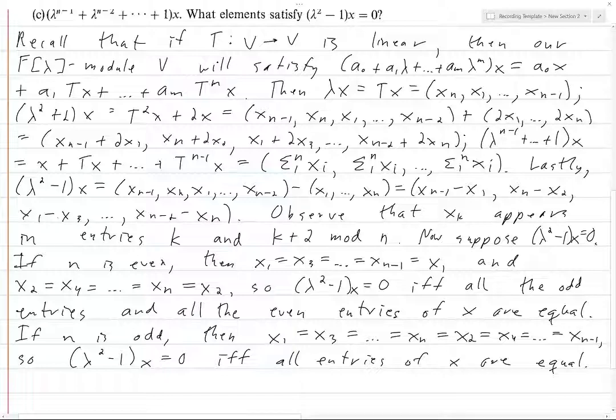So here x_1 minus x_3 is one of the entries, and so if (λ² − 1)x is 0, then in particular this entry is 0, which means x_1 minus x_3 is 0, which means x_1 equals x_3. You can tell that x_i and x_j are equal if they appear in the same entry of this vector (λ² − 1)x.